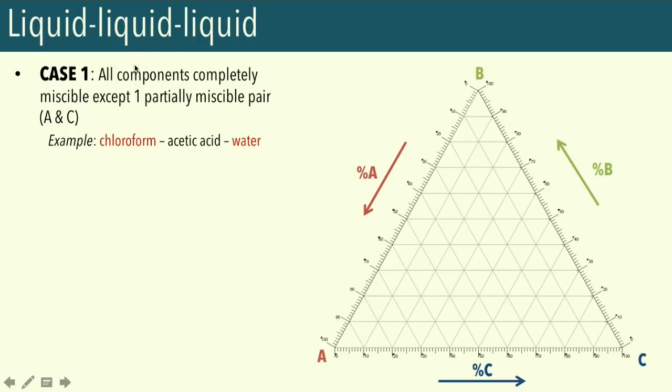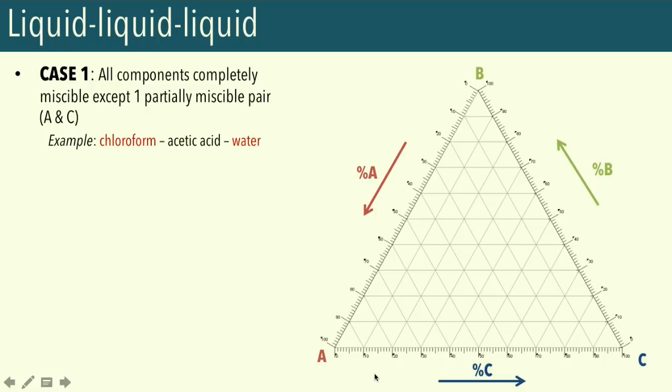This is case 1, when all components are completely miscible, except with one partially miscible pair, which we'll consider to be A and C. In this case, B is going to be miscible in both A and C, but A and C are just partially miscible with one another.